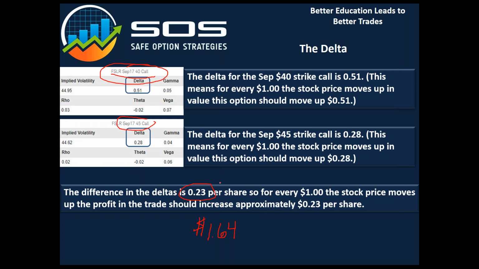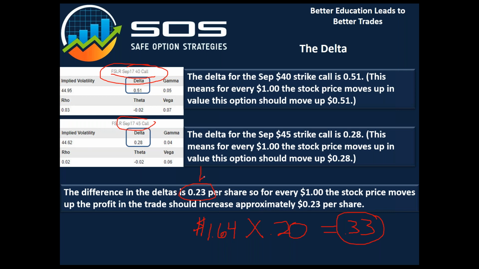How far does this stock need to go for us to make a 20% profit? If we've got a $1.64 investment times a 20% profit, we need to see about a 33 cent per share profit for it to equal 20% of our investment.